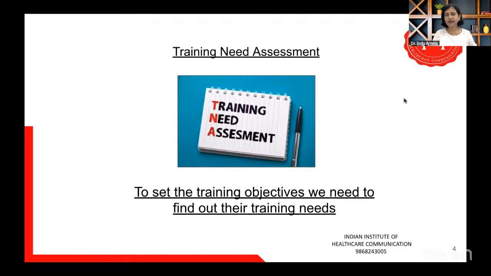Feedback from learners and gap analysis. Brainstorming. Surveys, questionnaire, feedback forms, observation, problem area. Skill gaps. That's also one of the ways to do the training need assessment. And find gaps in the existing knowledge, knowledge gap or skill gap. Scope of practice. Audits.